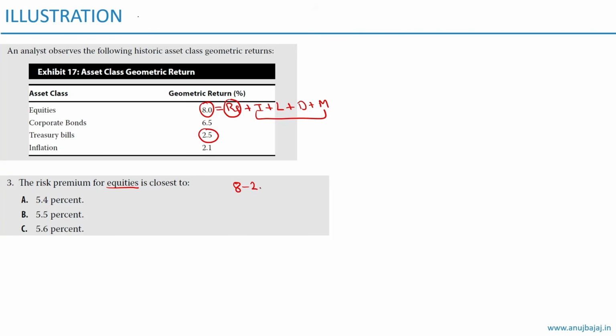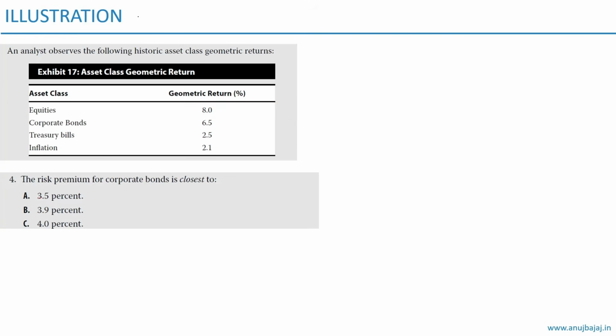Therefore, the risk premium will be 8 minus 2.5. But a more appropriate way to calculate this will be 1.08, that is 1 plus geometric return of equities, divided by 1 plus the risk-free rate, which is 1.025. We will get 5.4% as the answer. Similarly, for corporate bonds, we get the risk premium to be 3.5%.